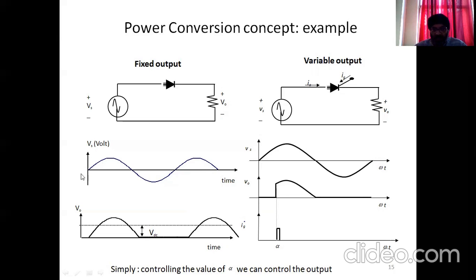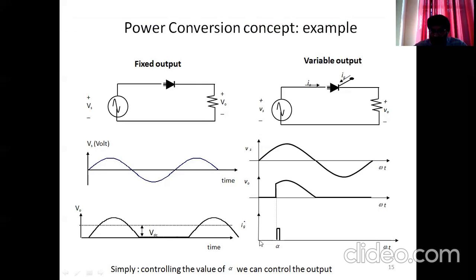This diode was conducting for the complete half cycle. But with a controllable terminal over here, the third terminal, we can decide when to turn this device on, or when to make this device conducting.